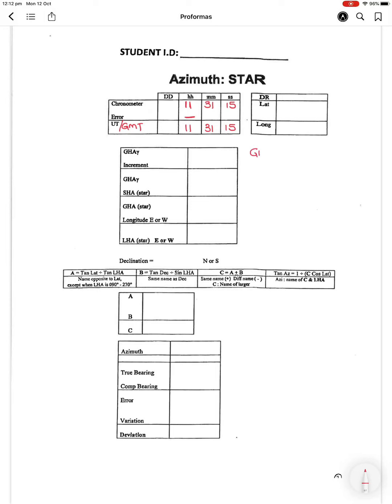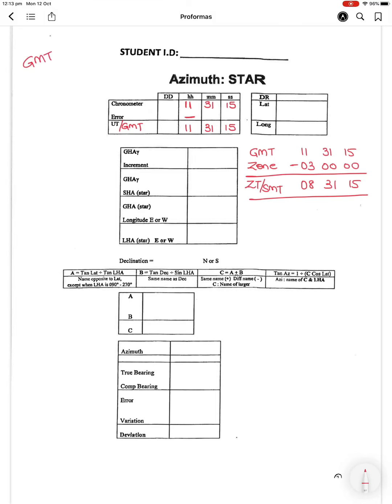So if we have a GMT of 11:31:15, and I'm 3 hours behind GMT, the zone correction is minus 3 hours, as is given in the question as well. This zone correction, as you all know, we get from the longitude, but it's a round number. So the zone time, or the ship's mean time, should be 8:31:15. This should be the time on the ship's clock based on my GMT time.